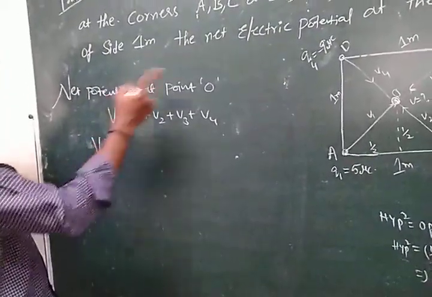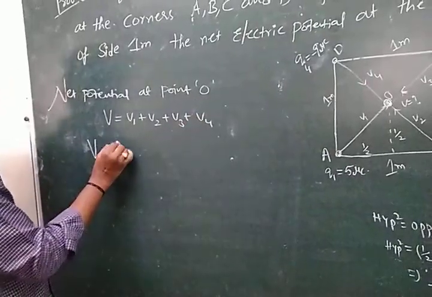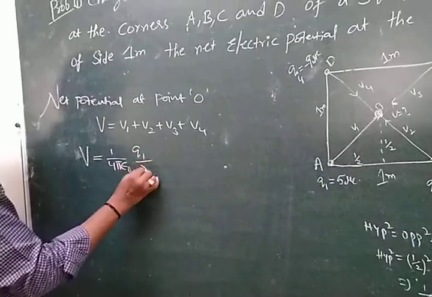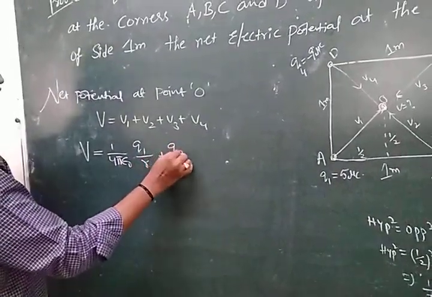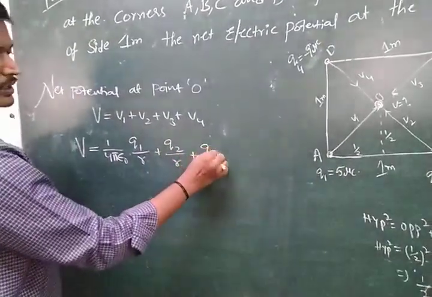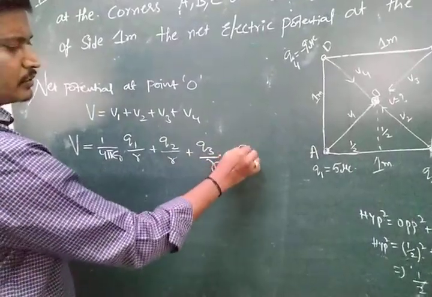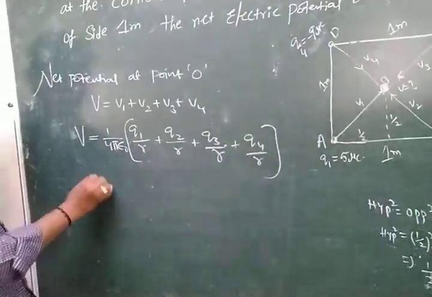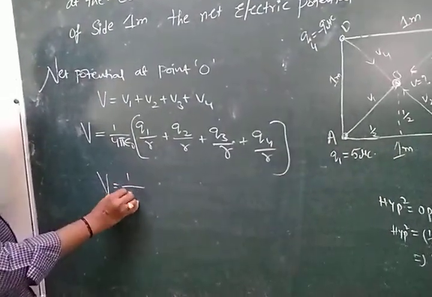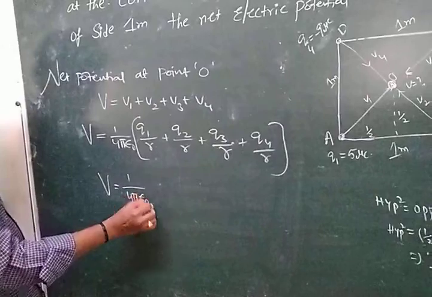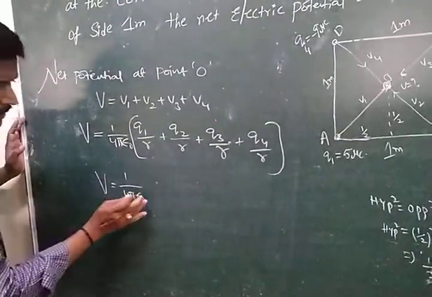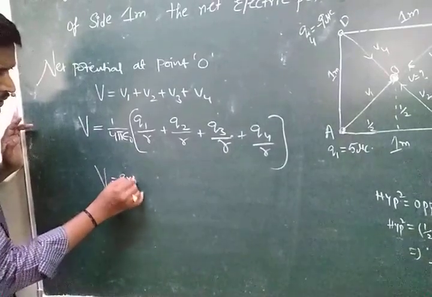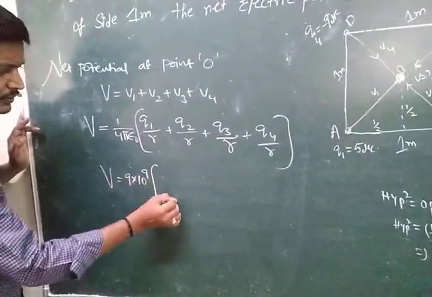The potential at point O is equal to 1 by 4 pi epsilon naught into Q1 divided by R plus Q2 divided by R plus Q3 divided by R plus Q4 divided by R. Right? So therefore V is equal to 1 by 4 pi epsilon naught. Otherwise you can substitute the values, 9 into 10 to the power of 9.